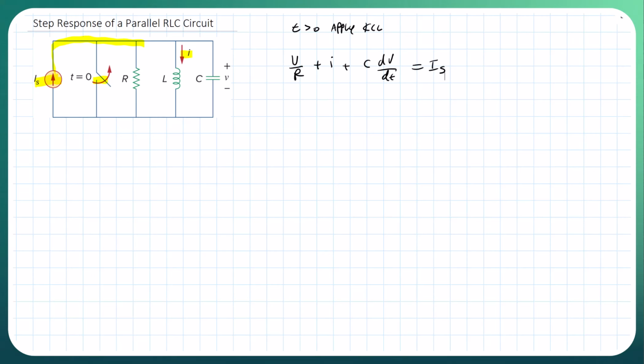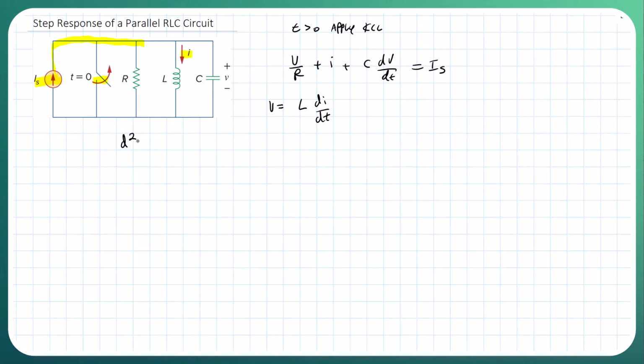From here we can derive the transient response as well as the steady state response as well as the total response, just as we did with the series step response RLC circuit. But let's step back a little bit and say we know that V is equal to L di dt, and we can substitute this into the above equation, and we can come up with the second order derivative.